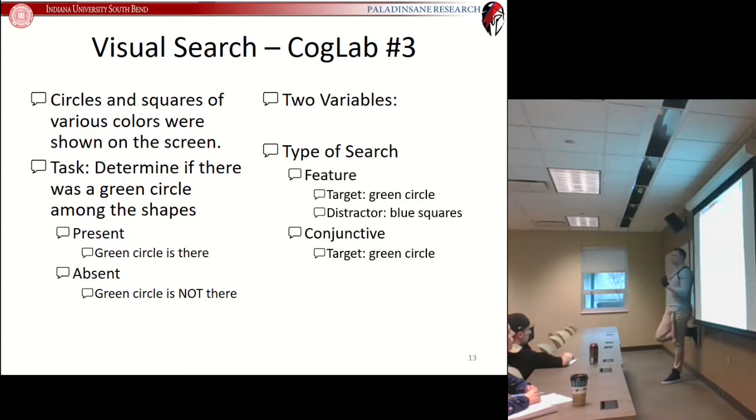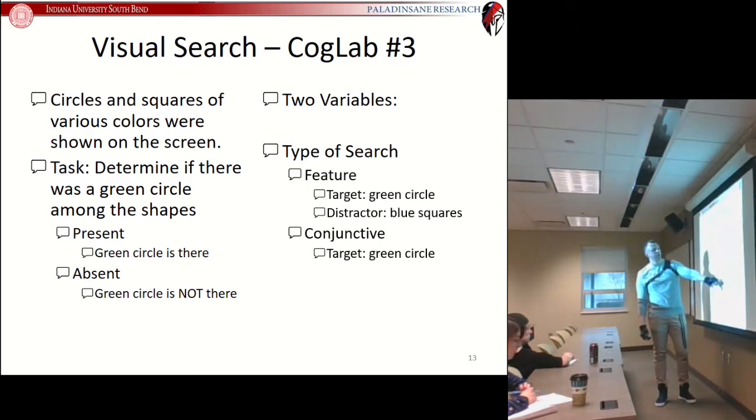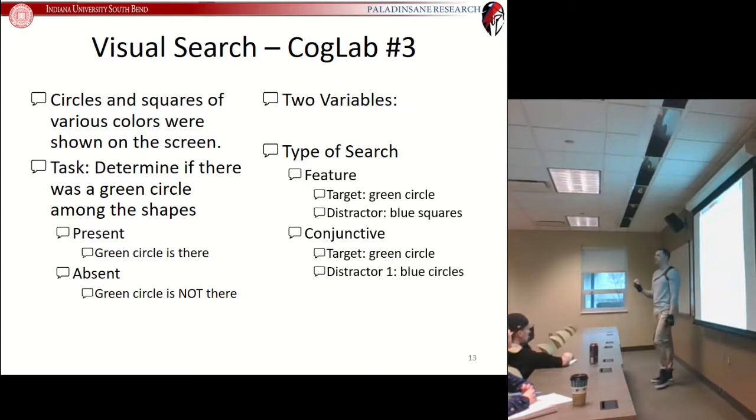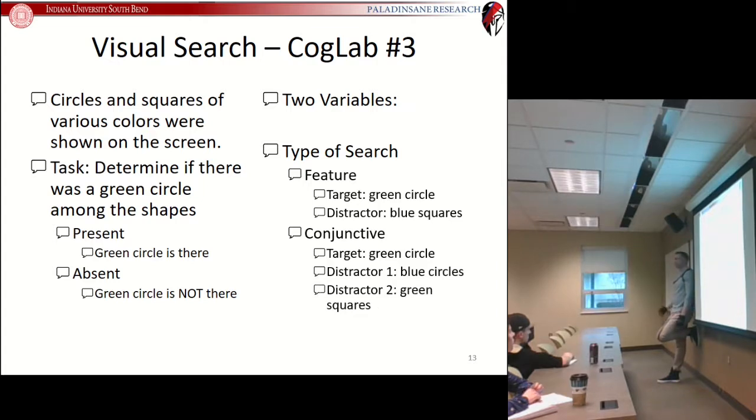So you needed to find the green circle among the distractor blue squares. In the conjunctive search, on the other hand, your target was a green circle, but it was hidden among 2 different types of distractors. It was hidden among blue circles, and it was also hidden among green squares. And that's called a conjunctive search.